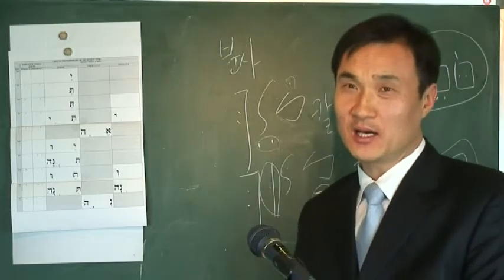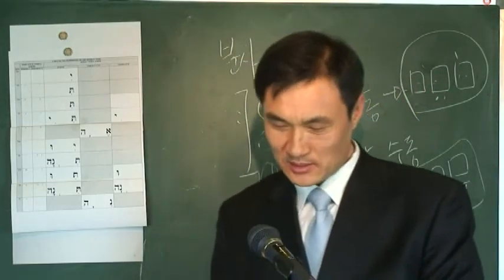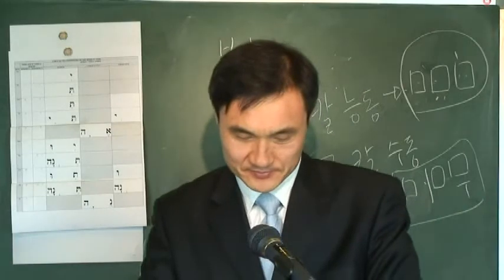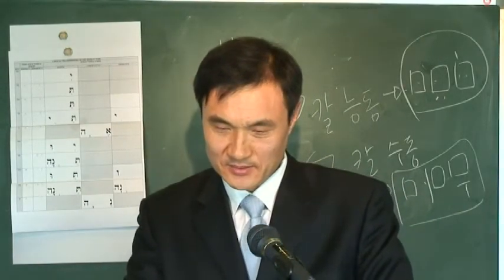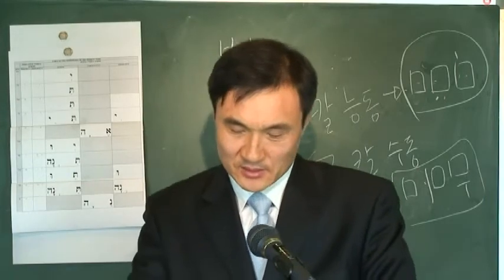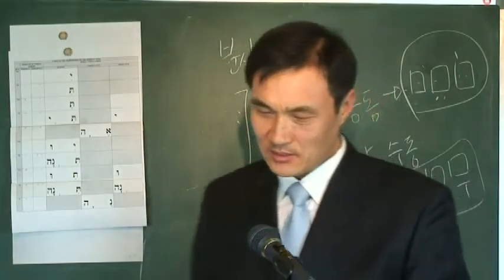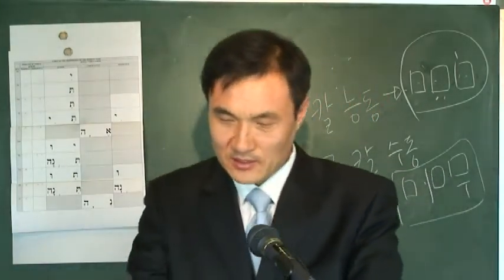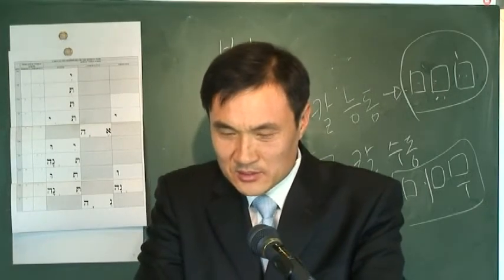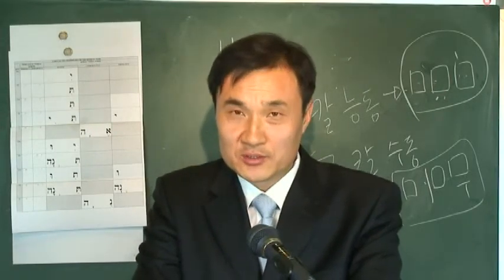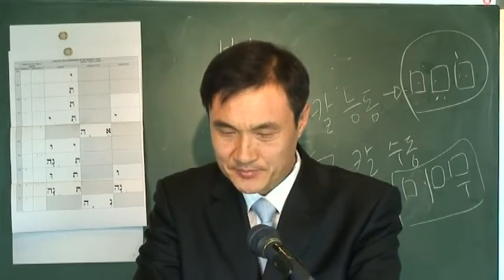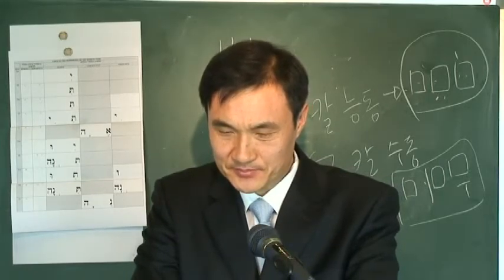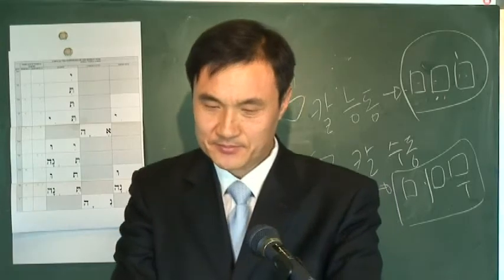Hence, o and e indicate the active participle, and a and u indicate the passive participle. Please memorize this. The active participle has an absolute state and a construct state like the imperative.